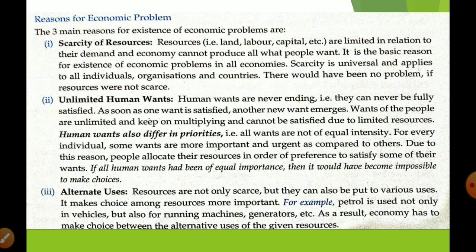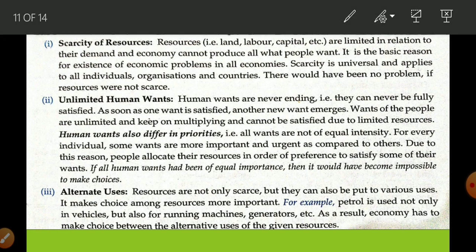There are three reasons. The first reason is scarcity of resources. Scarcity of resources means land, labor, capital. If you talk about a person, his monthly income is limited. That is why we are facing the problem of scarcity.